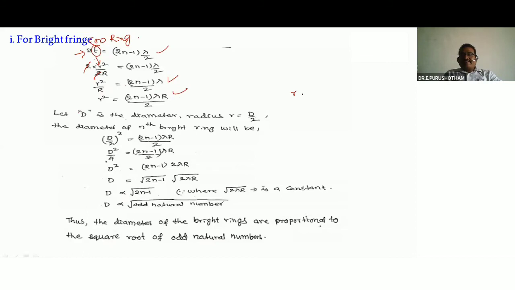But radius is equal to diameter by 2, so r is equal to capital D by 2.